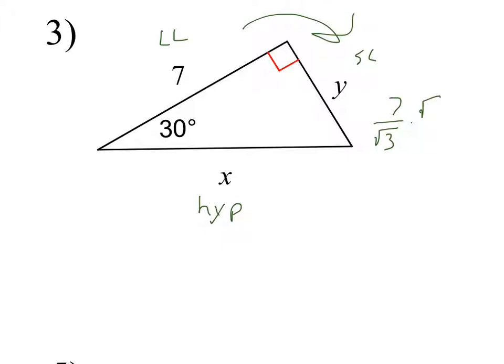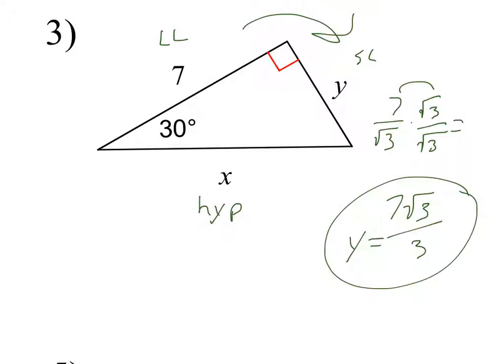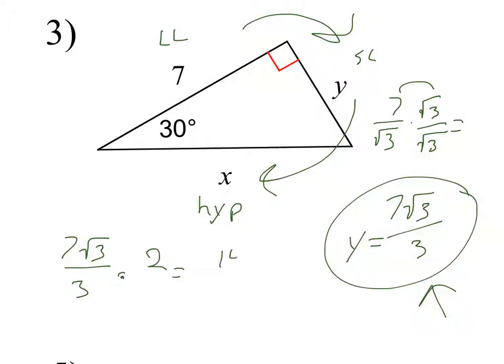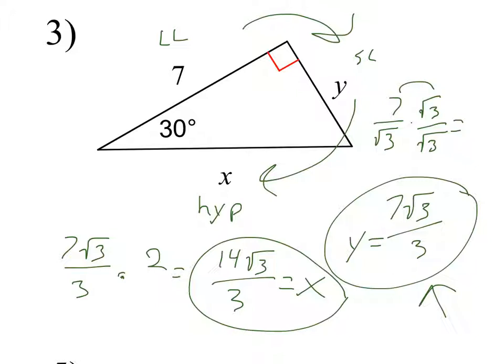Again, we multiply by radical 3 over radical 3, and we end up with 7 radical 3 over 3. Can't simplify that. That's what y equals. Now if we're going from short leg to hypotenuse, then we take the short leg, which is this right here, 7 radical 3 over 3, times 2. That gives us 14 radical 3 over 3. And that is our x value. That's going to be as tricky as you'll get on this assignment. So that's it.